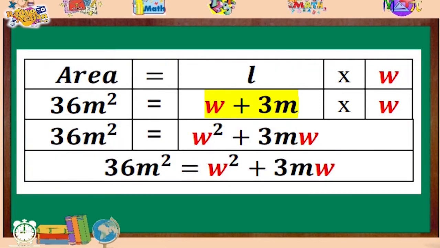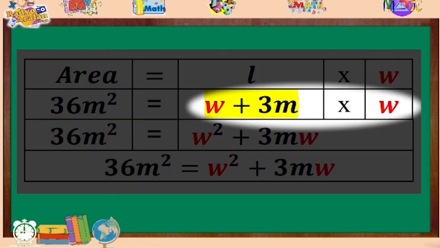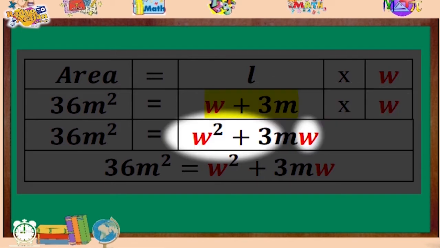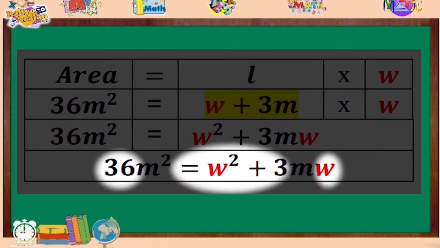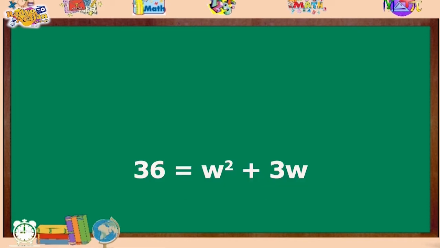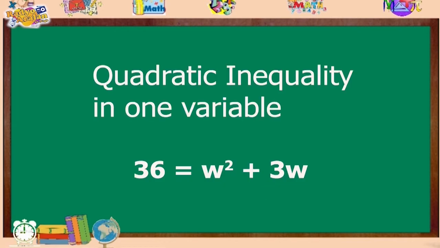To simplify, we multiply the value of the length and width, and we have W plus 3 times W, which is equal to W squared plus 3W. That's why we will have 36 equals W squared plus 3W as the quadratic inequality in one variable.